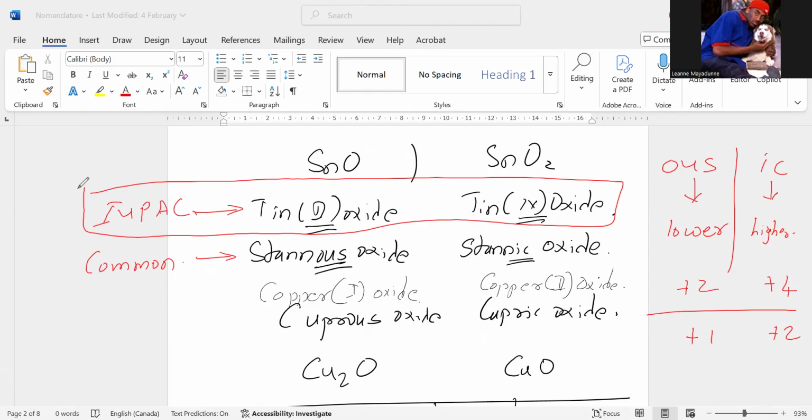I finished writing. Is this clear about the common system and IUPAC system for inorganic? Will you remember that lower oxidation number means OUS, higher oxidation number means IC? Okay, good.